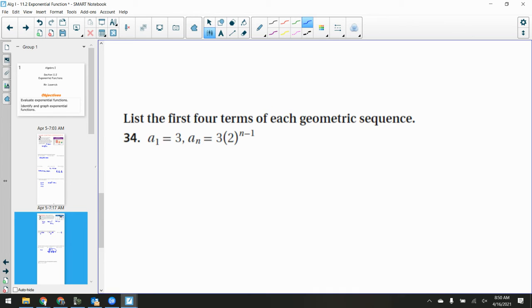Okay, what's the first 4 terms of this sequence? Well, what's the first term? 3. All right. Now, I could plug in a sub 2. But what is the R value given this equation? What's the R value? 2. The base of the exponent. So I'm continually multiplying by 2.